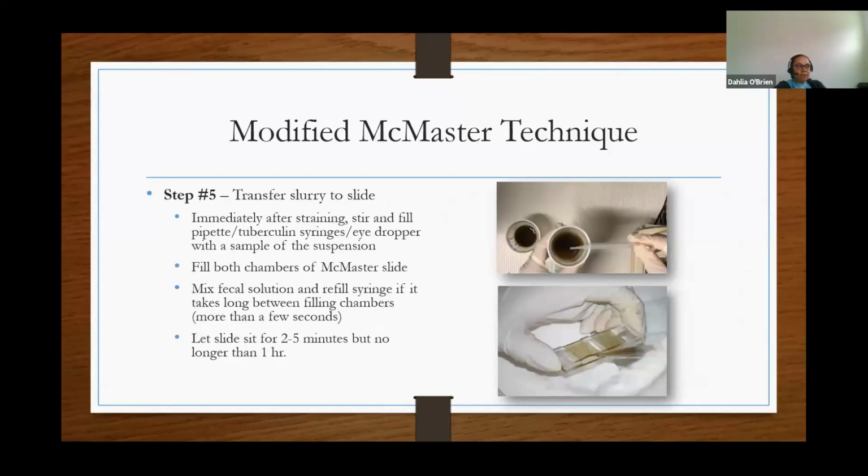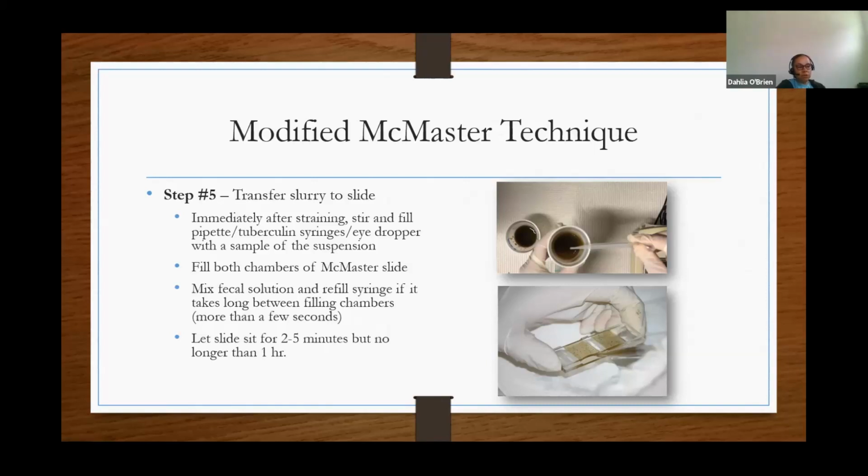Step number 5 is transferring the slurry to the slide. Immediately after straining, you want to stir and fill your pipette or your syringe, and you could also use an eyedropper, with a sample of the suspension, and then use that to fill both chambers of the McMaster slide.